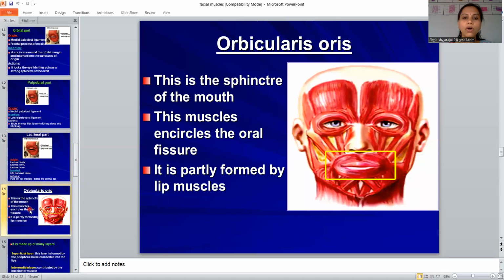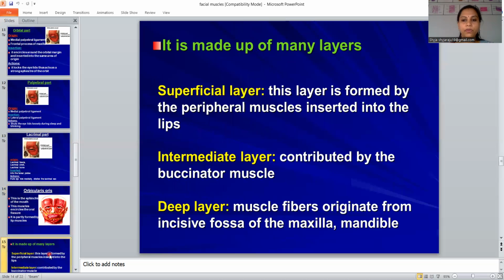Next is the orbicularis oris. You can see this is the location of the orbicularis oris. This is the sphincter of the mouth. This muscle encircles the oral fissure. It is partially formed by lip muscles. It is made up of many layers, so we can divide them into superficial, intermediate, and deep layers.